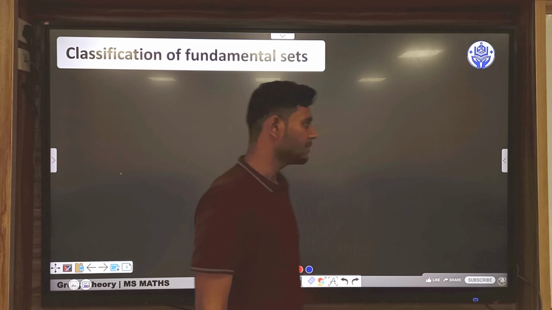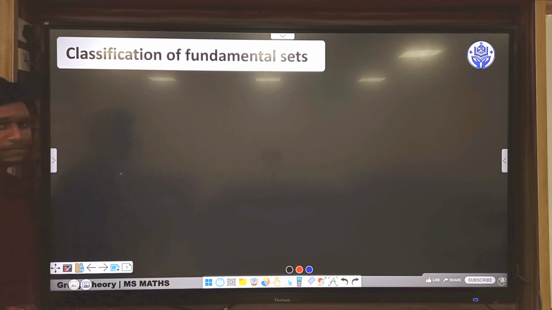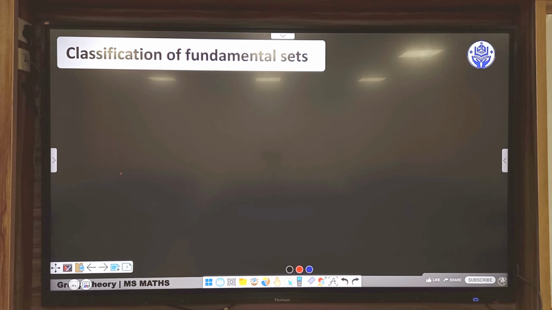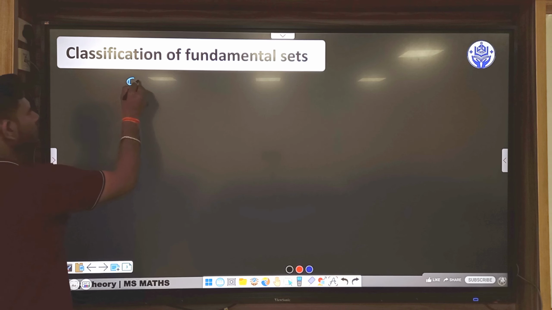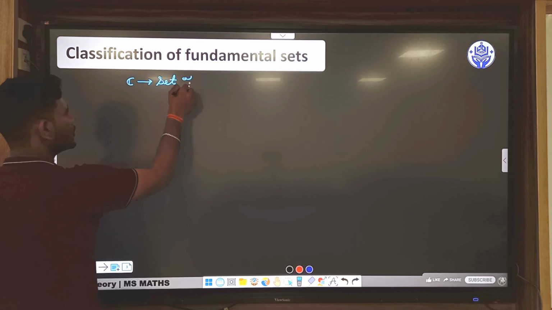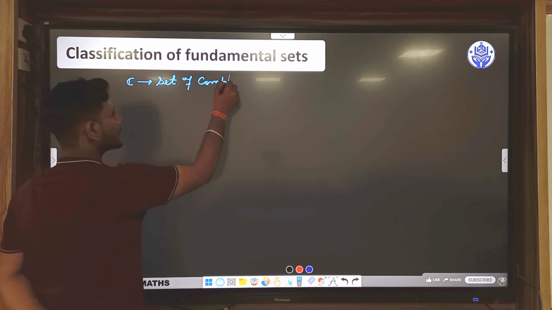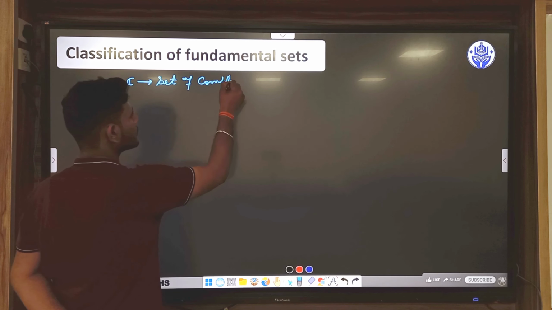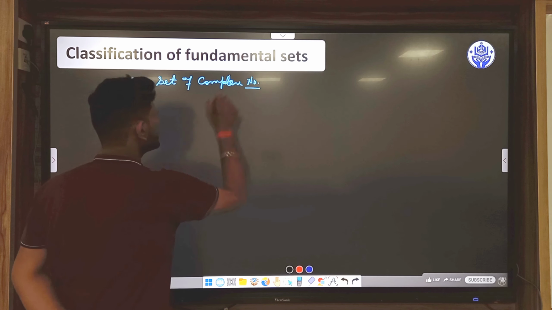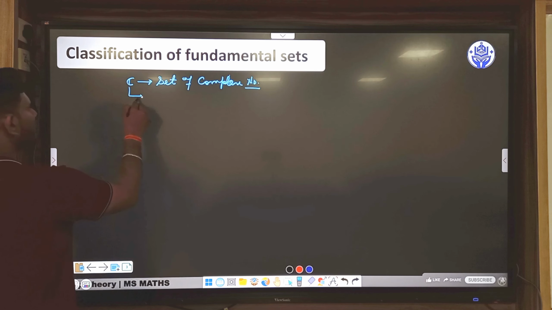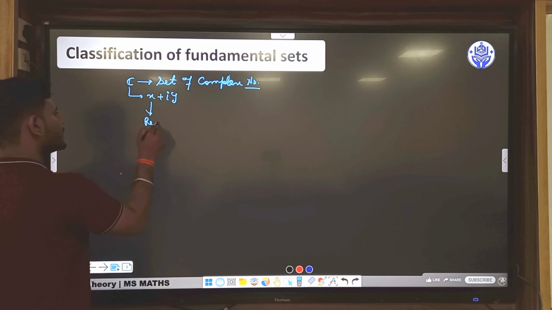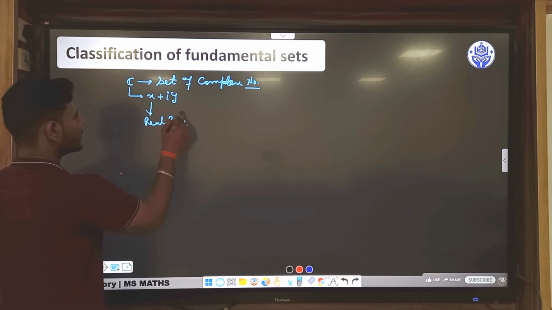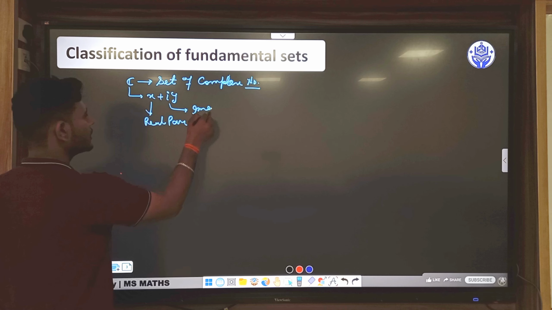If I start from complex numbers, we can easily consider the set of complex numbers, denoted by C. If it is a set of complex numbers, then it has the form x plus iota y, where x is the real part and y is the imaginary part.